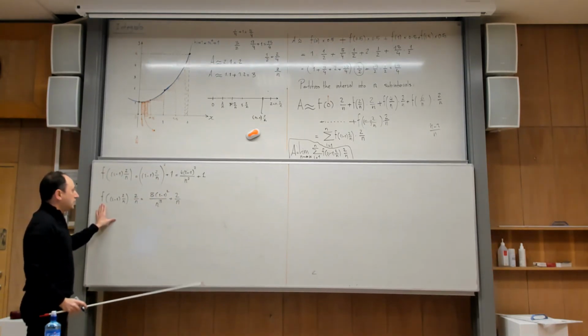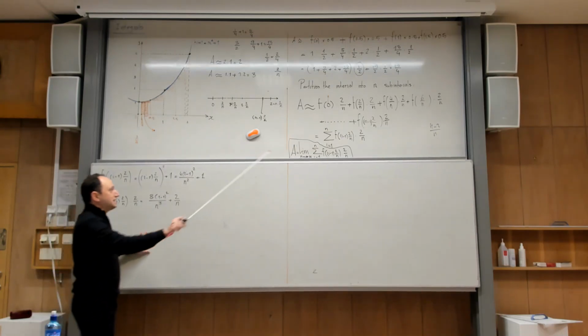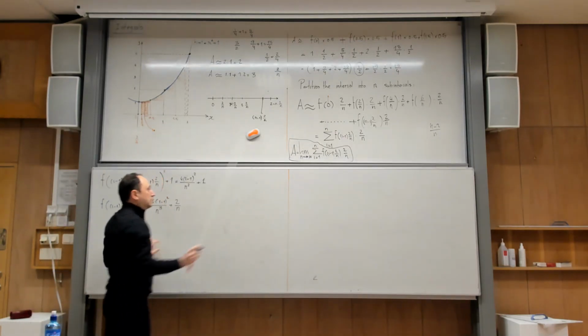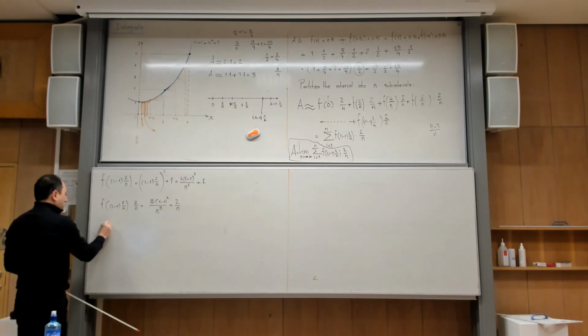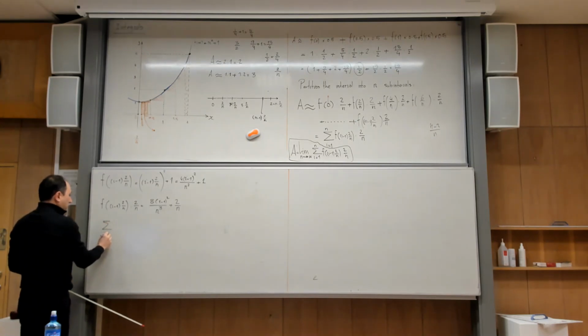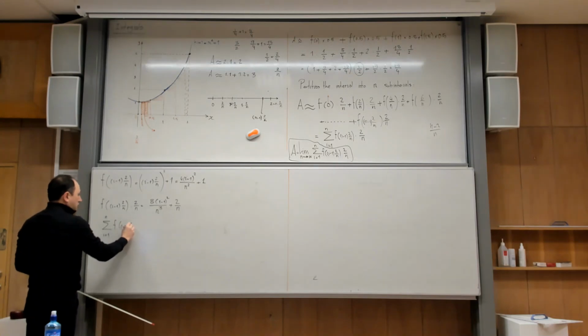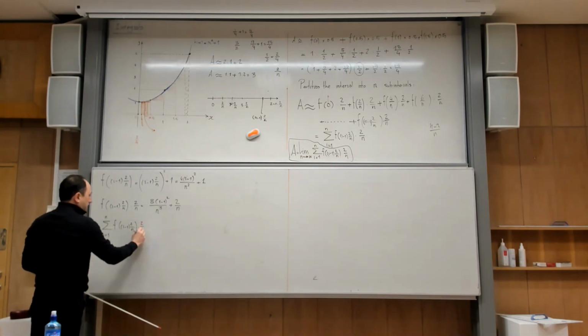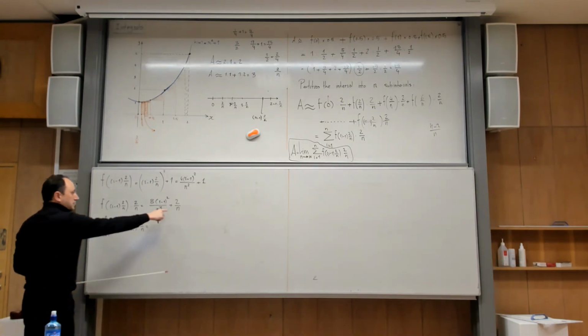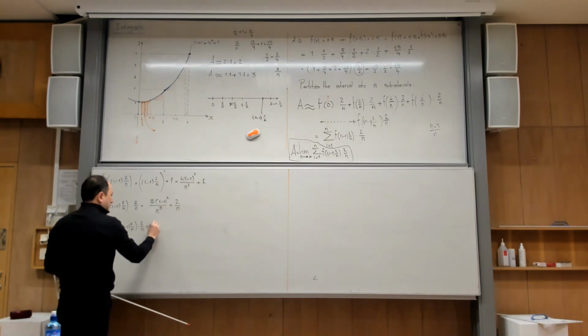So now what I want to calculate is the sigma, if possible. Sigma i goes from 1 to n of f of (i minus 1) times 2 over n, times 2 over n, becomes equal to the sigma of this expression.